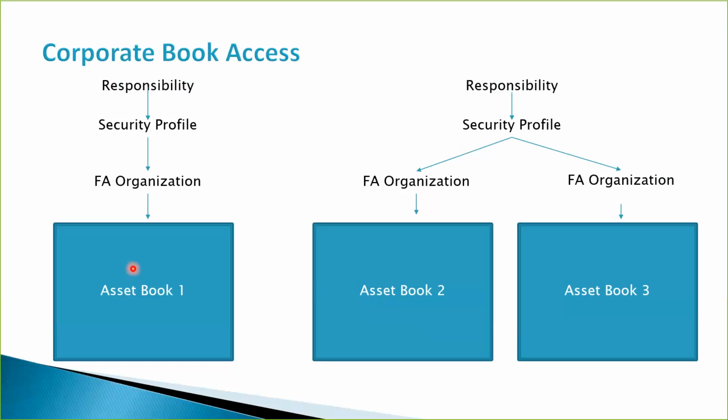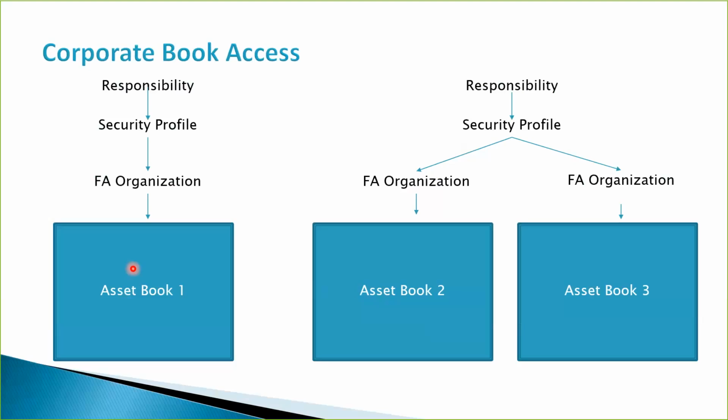use the multi-org structure, but you have to create an FA organization, which you can create under your human resource responsibility, the same way we did when we were creating organizations such as the business group, okay?